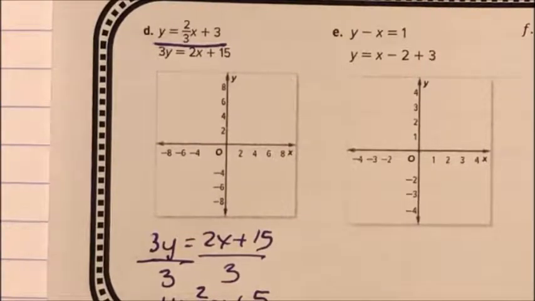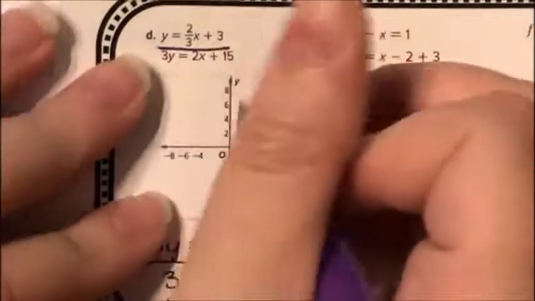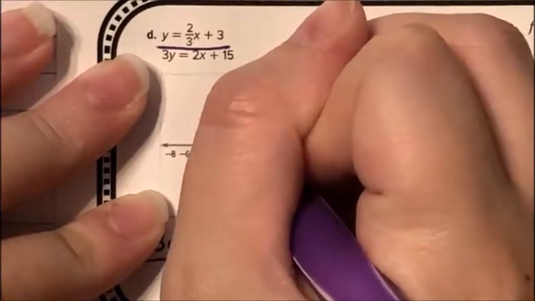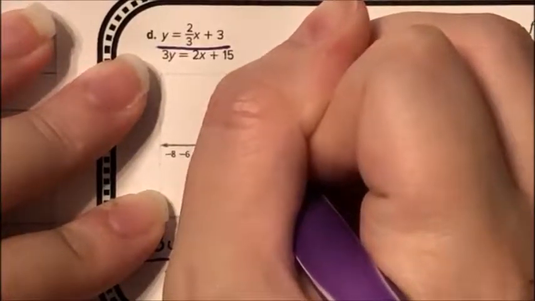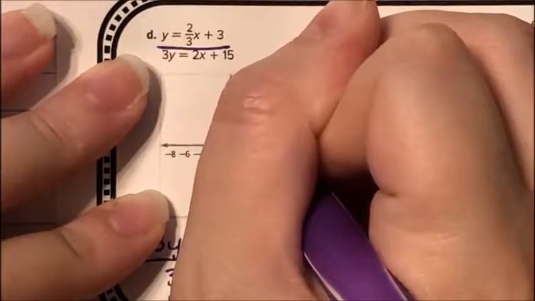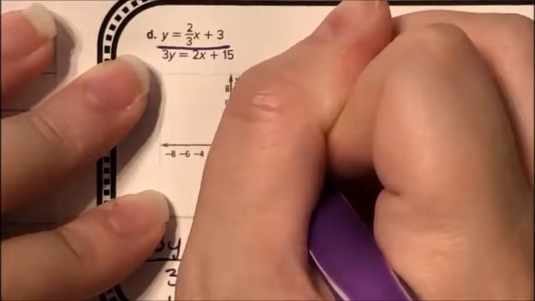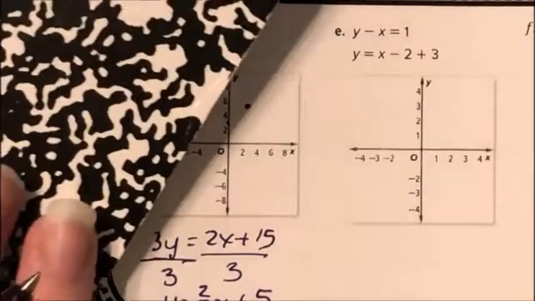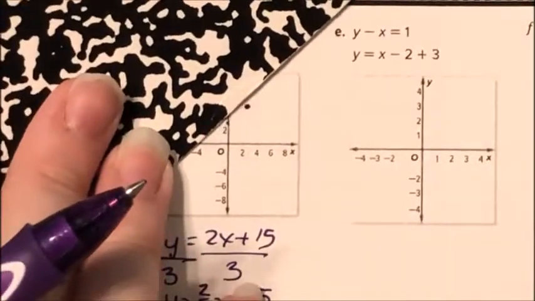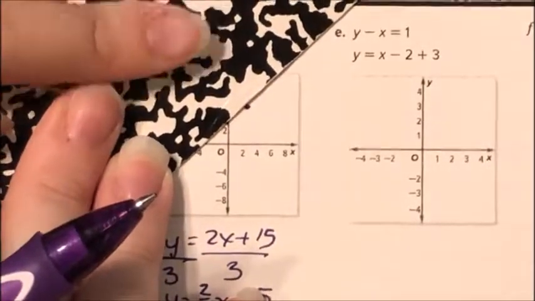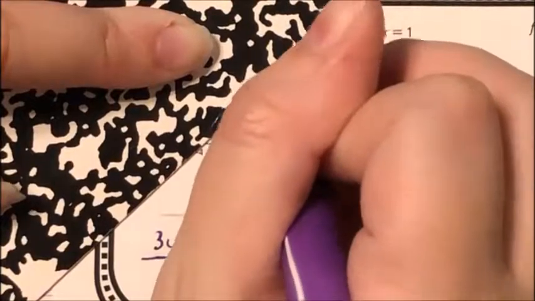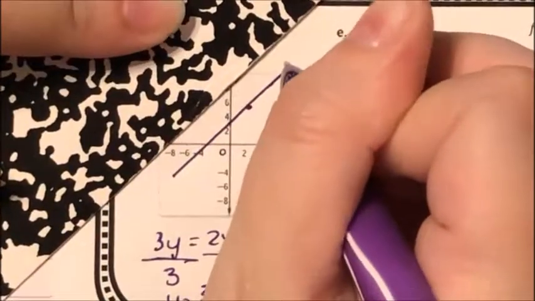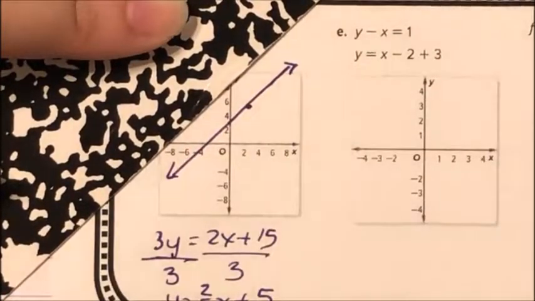So my first one, y equals 2/3 x plus 3. I go up to 3. Then I go up 2 over 3. Here's my first line.